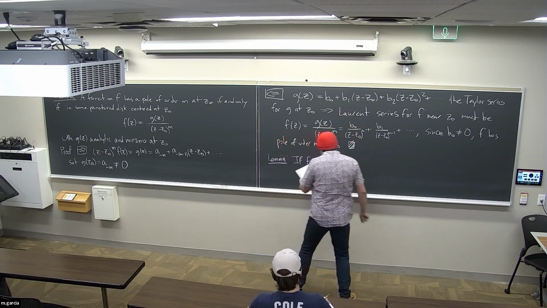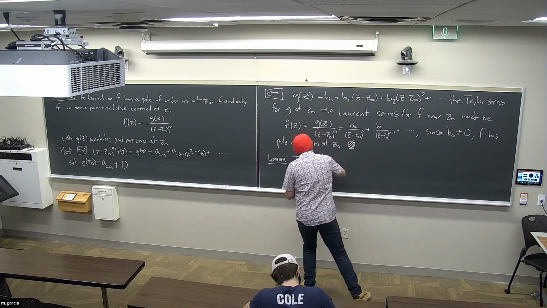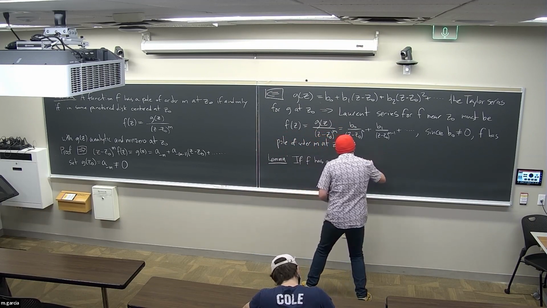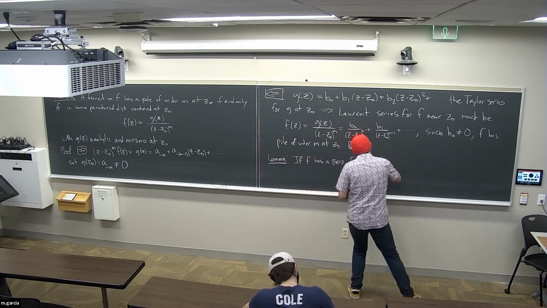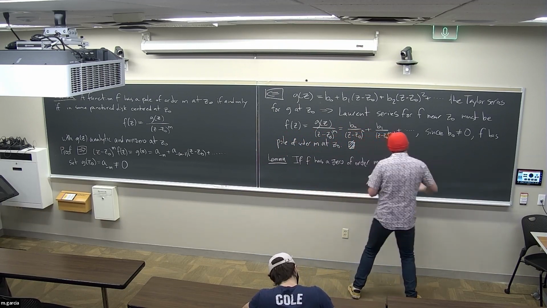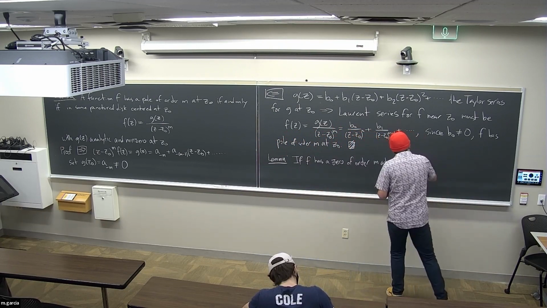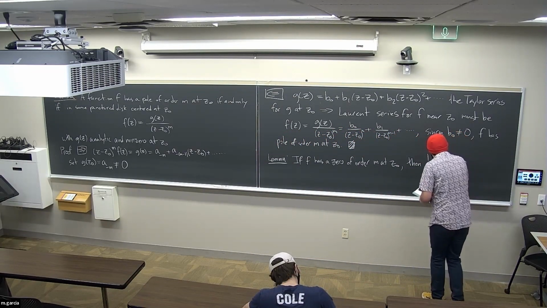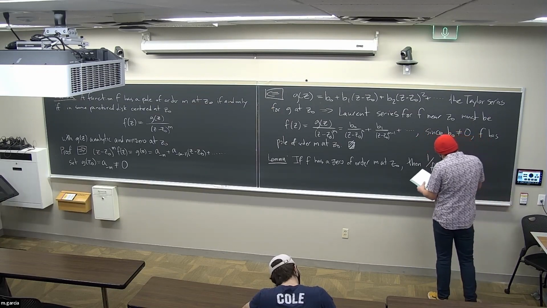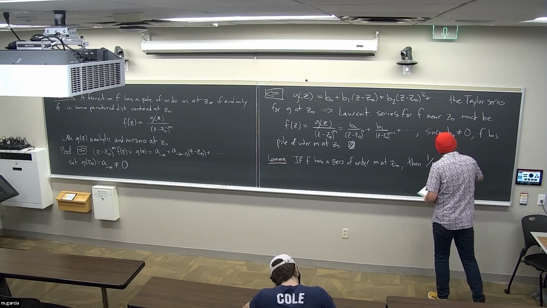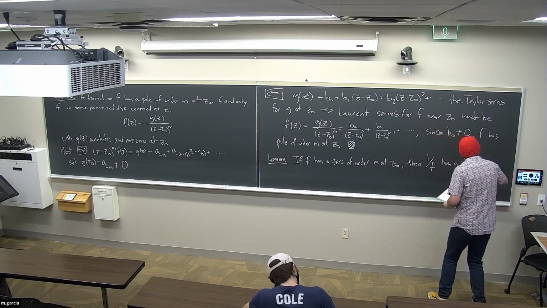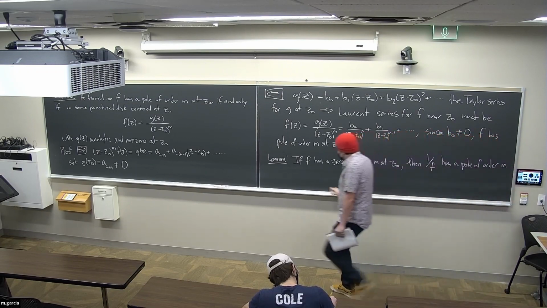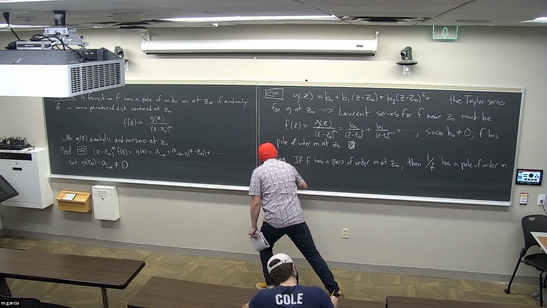So if f has a 0 of order m at z naught, then the function 1 divided by f has a pole of order m at z naught.